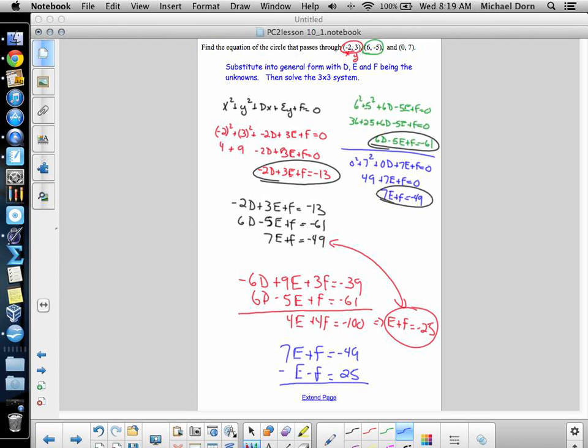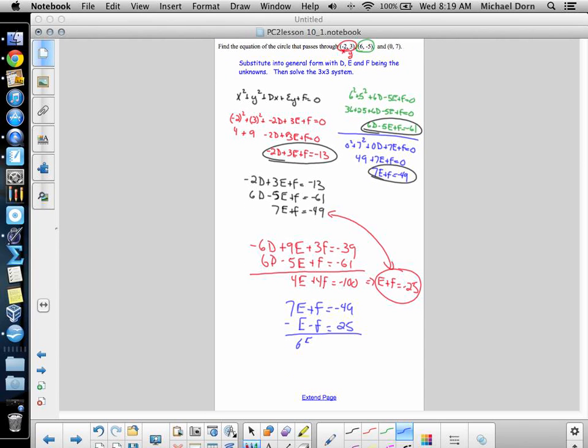And I get 6E equals negative 24. So E is negative 4. Now I know E is negative 4. I can back substitute that. E plus F equals negative 25. So F must be negative 21.